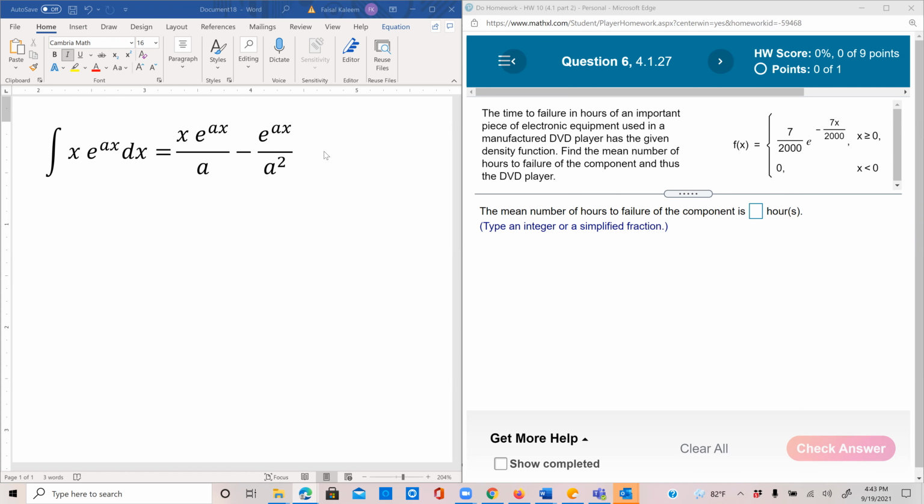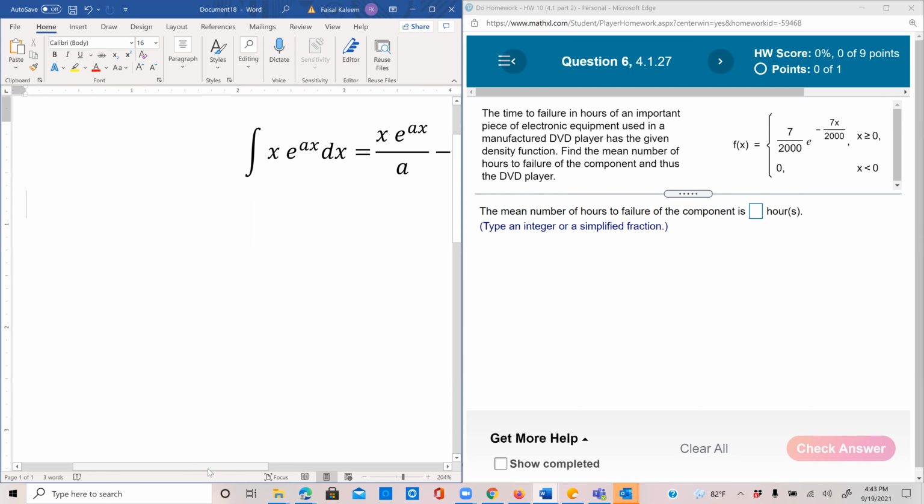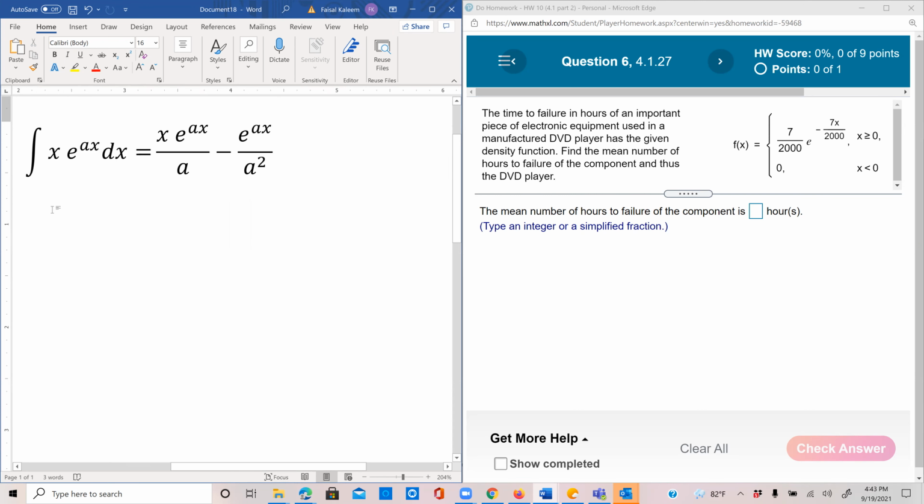And we will need it here because we can say that E of x is equal to the integral of x f of x.